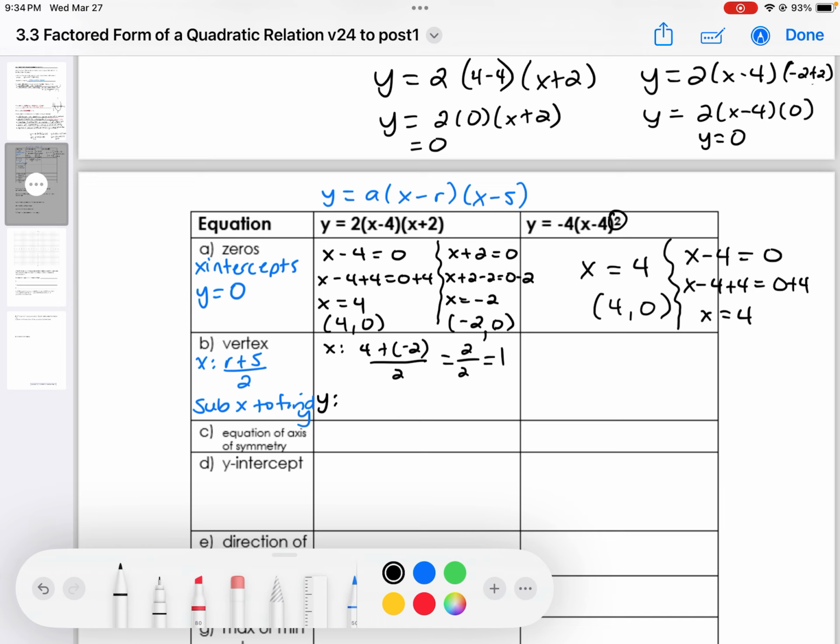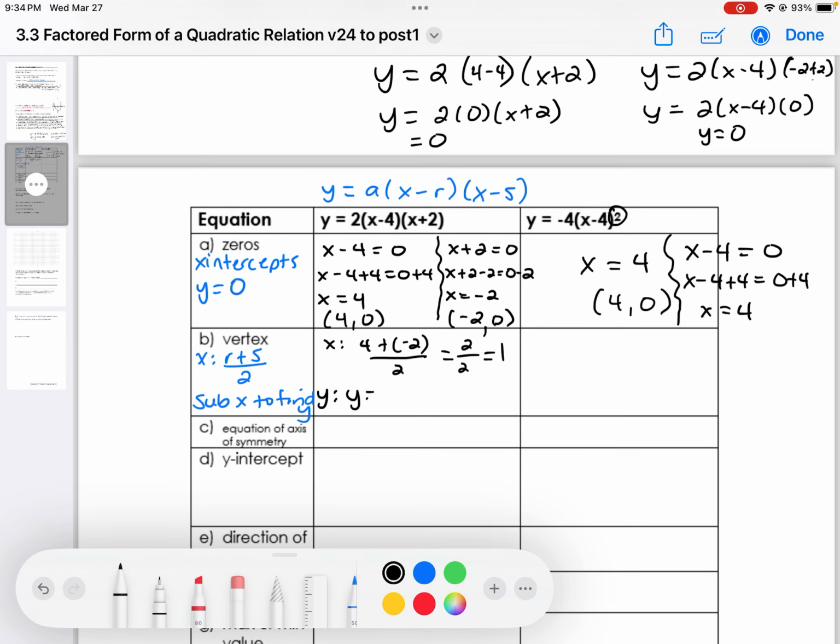And then if you take the equation and wherever you see x, you sub in a 1. Now all we've got is algebra. So again, if you have a good relationship with your calculator, you could plug that right in, or you can do it in steps.